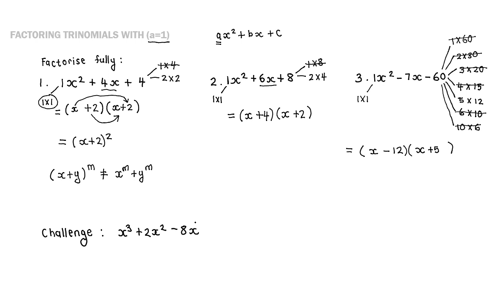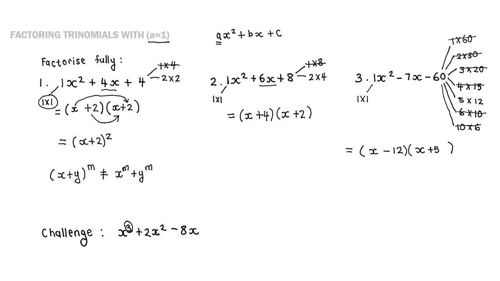Okay, so let's look at this little challenge over here. It's a challenge because we have this x cubed as our leading term, even though we've got 3 terms, which is the structure of a trinomial.